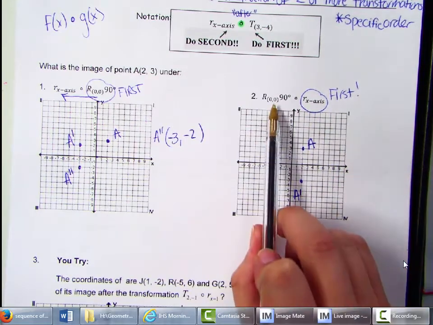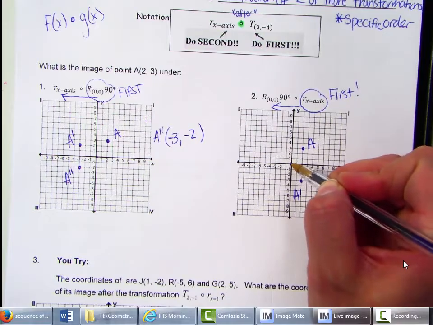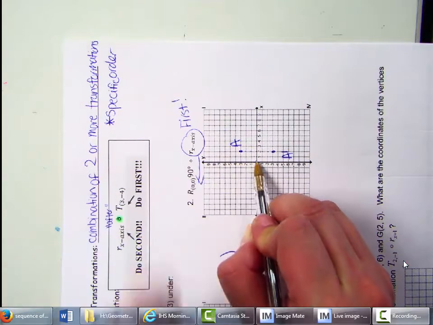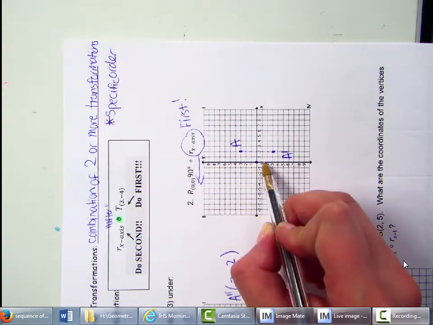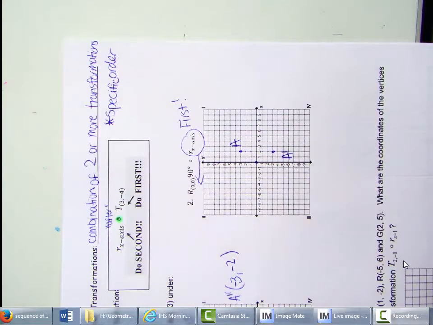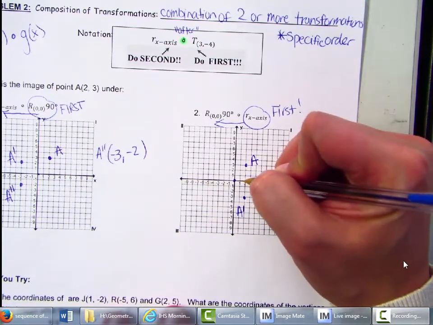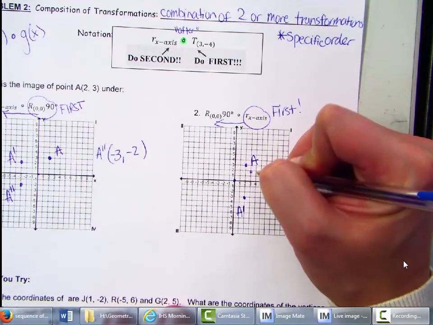Then you put your pen on the origin and rotate 90 degrees counterclockwise, turn your paper to the left. Now you go off of A prime. So I'm going to go 1, 2, 3 to the right and up 2. Come back here, 3 to the right, up 2. That's A double prime.